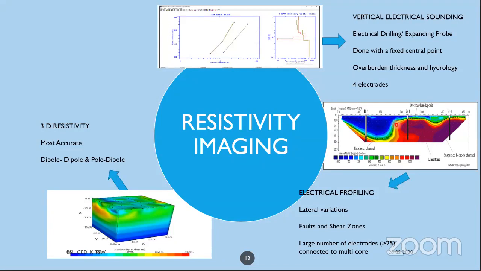Now, the software will arbitrarily assign some electrodes to act as current electrodes and some as potential electrodes, like it will do a zigzag method. The same with the 3D resistivity method. So it will compile all the data. Finally, it will generate this type of imaging report. If you focus on the vertical electrical sounding method, 4 electrodes are enough, and this type of image will be observed.